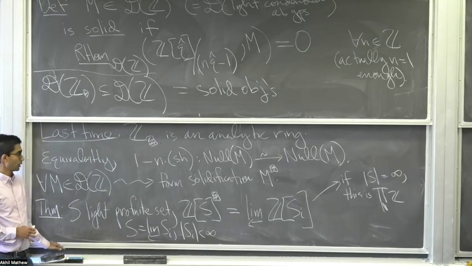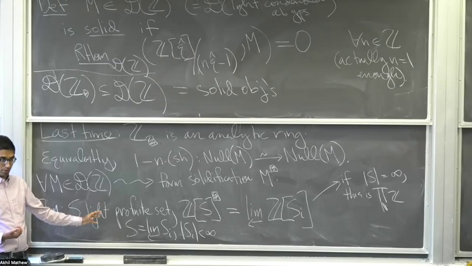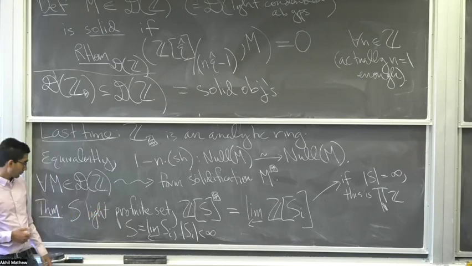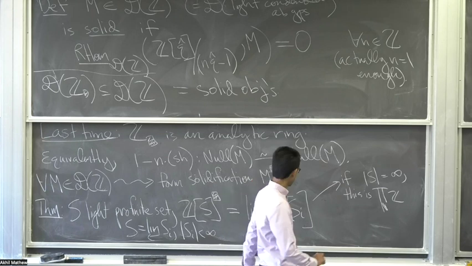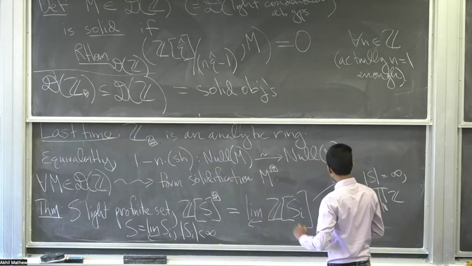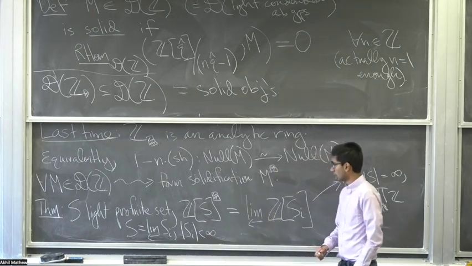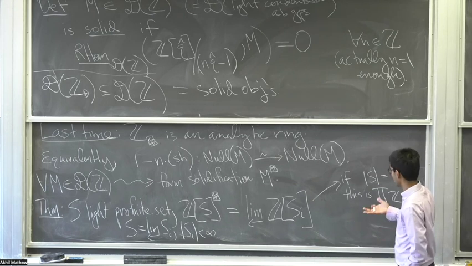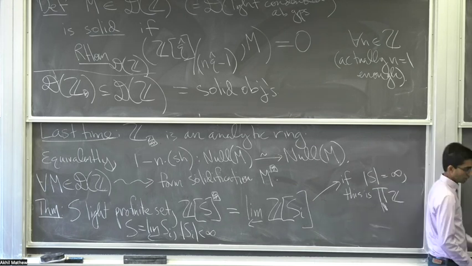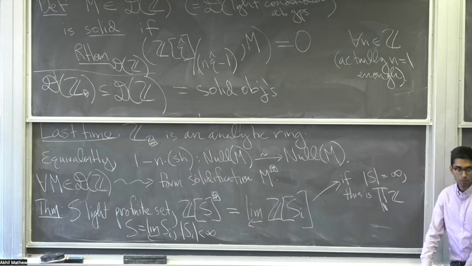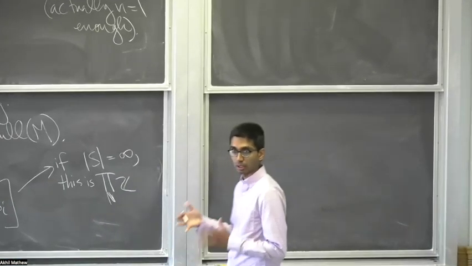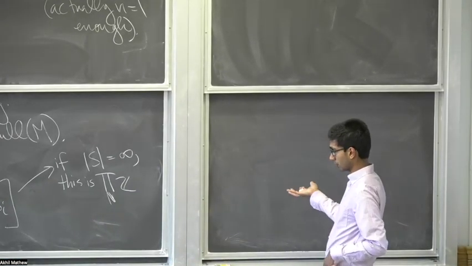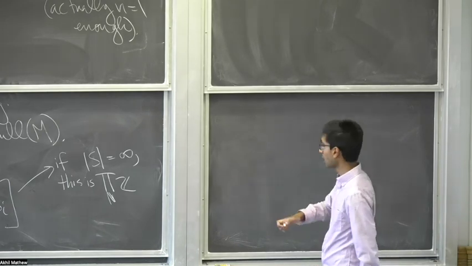I wanted to say something about the proof of this theorem. But let me also explain what's a consequence of this theorem. One has to use this and also think about what maps between products of Z are, which is going to be implied by this.